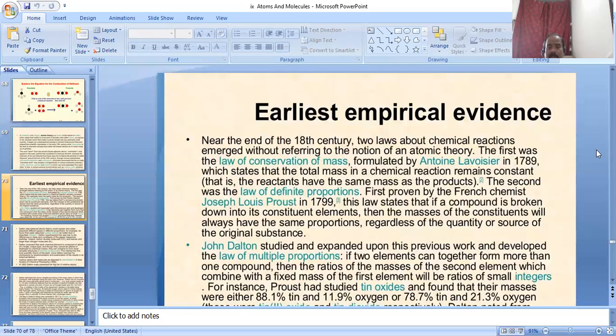For example, water. Whether in our district, state, our country or another country, and whether the source is a river, pond, lake or ocean, the chemical formula of water is always the same, H2O.